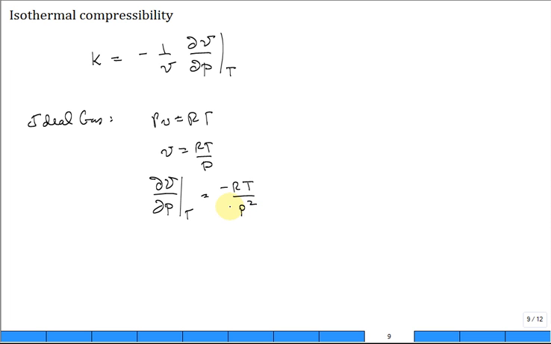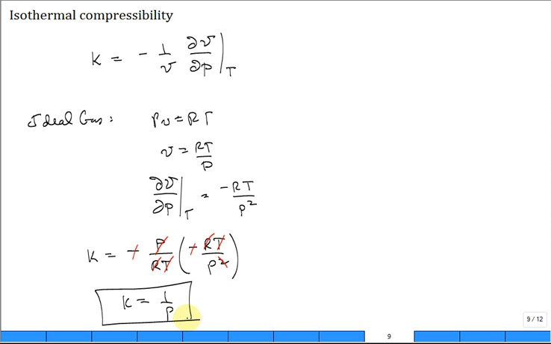Then substitute in, so kappa is equal to negative 1 over V, with V being RT over P, times negative RT over P squared. See what cancels: the RTs cancel, the signs cancel, and one of the pressures cancels, so kappa is 1 over pressure, only for ideal gas.